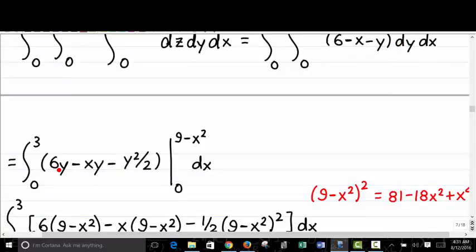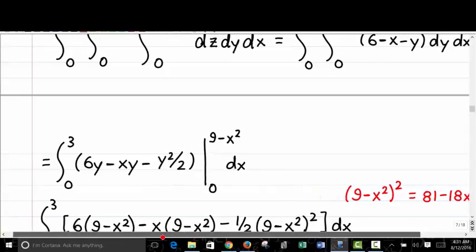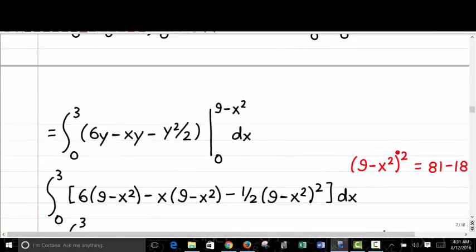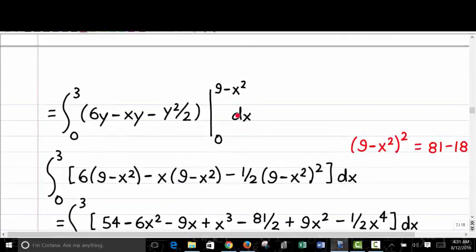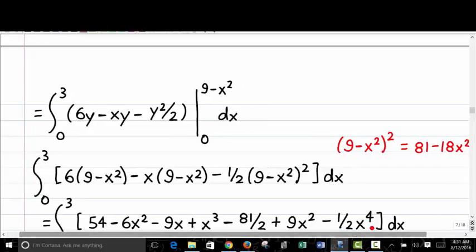So 6 becomes 6y, x becomes xy, and then y becomes 1/2 y squared, or y squared over 2. So now we plug in the 9 minus y squared everywhere we have a y.